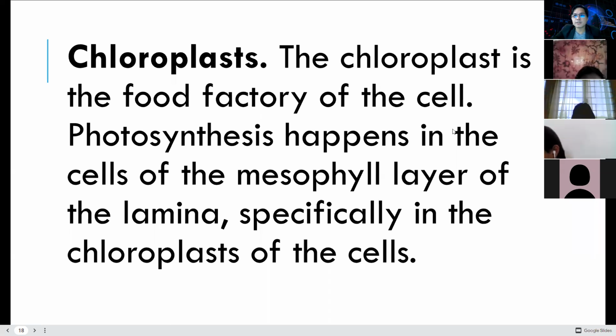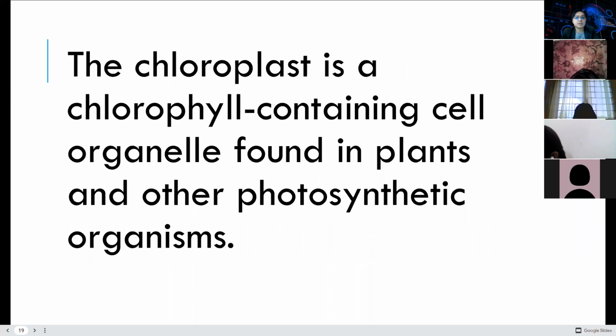Chloroplasts. The chloroplasts or chloroplastids are the food factory of the cell because photosynthesis happens in the cells of the mesophyll layer of the lamina, specifically in the chloroplast of the cells. This is where the actual photosynthesis happens. The chloroplast is a chlorophyll-containing organelle, and without chlorophyll, there is no photosynthesis.